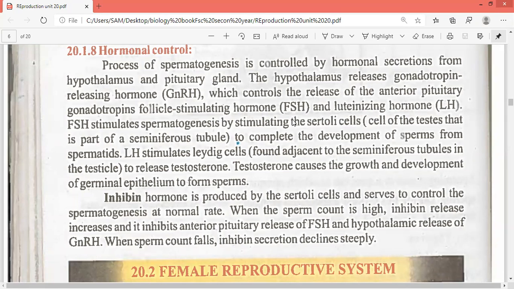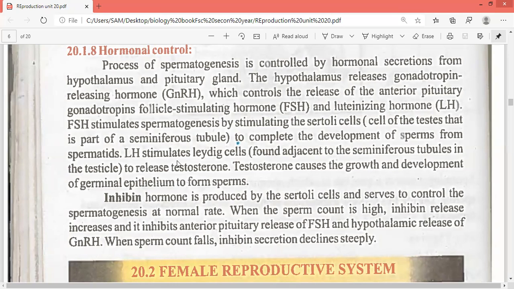Actually, these are Sertoli cells of the testes, that is part of the seminiferous tubule. seminiferous tubules के अंदर सर्टोली सेल्स होते हैं. सर्टोली सेल्स को जाके फॉलिकल स्टिमुलेटिंग और ल्यूटिनाइजिंग जाके हिट करता है, नॉक करता है कि अपनी डेवलपमेंट कंटिन्यू करो, स्पर्म बनाओ, राइट.